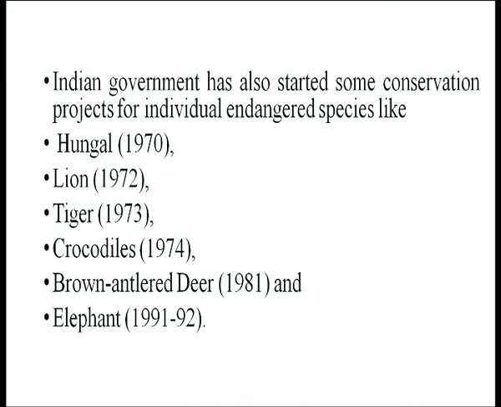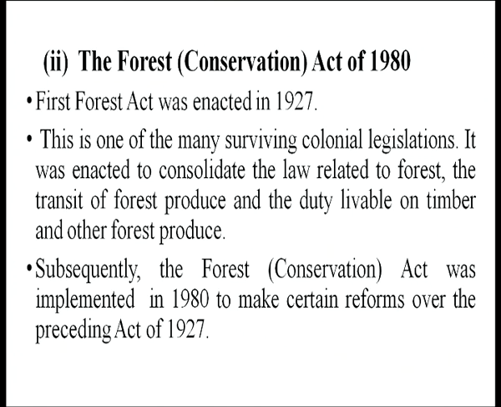year 1991-92. The Forest Conservation Act of 1980. The first Forest Act was enacted in the year 1927. This is one of the many surviving colonial legislations. It was enacted to consolidate the law related to forest, the transit of forest produce and the duty leviable on timber and other forest produce.